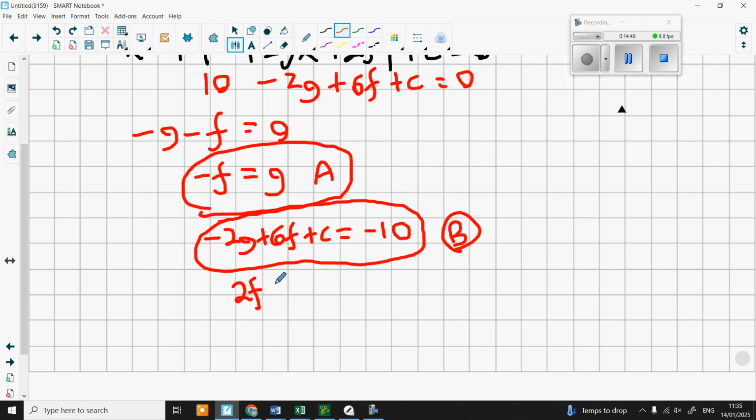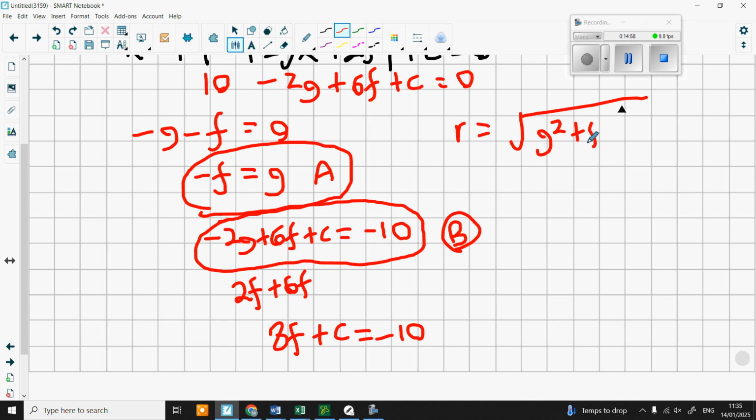So what does that make this part? 2f plus 6f, which is 8f plus c equals minus 10. And then radius equals the square root of g squared plus f squared minus c.